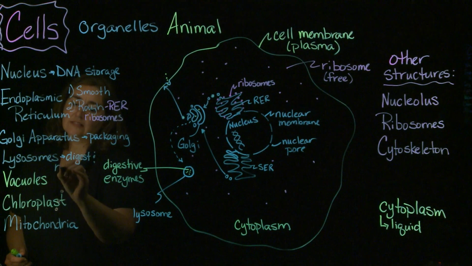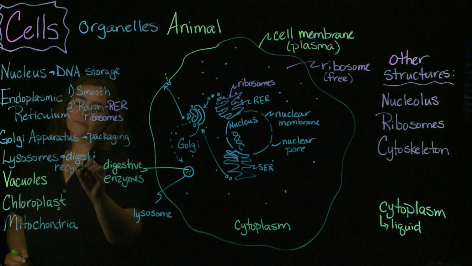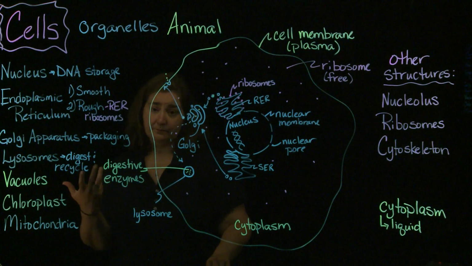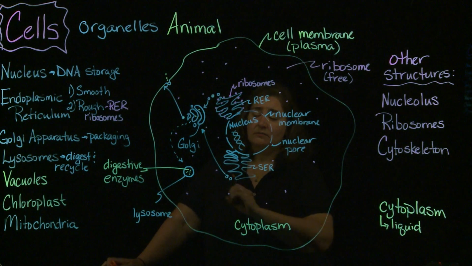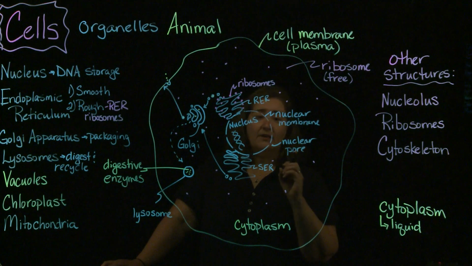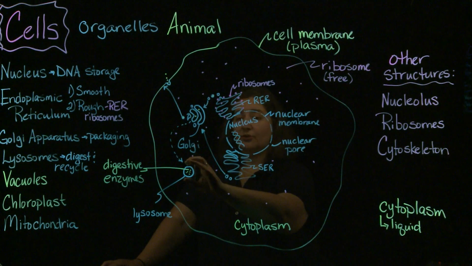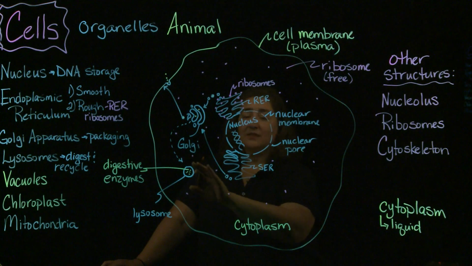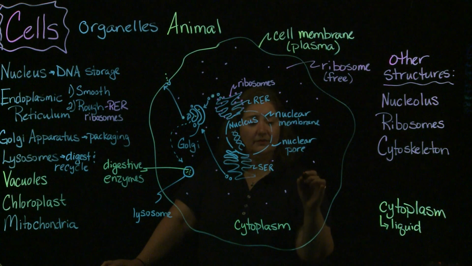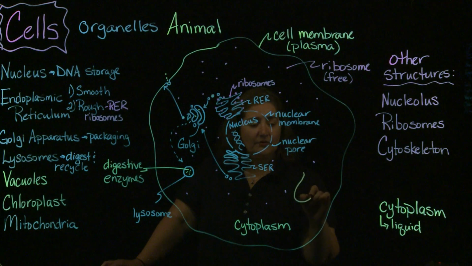Digest and really recycle the components that are within those various vesicles, all right? And a vesicle really is just another term for describing something small that's surrounded by a cell membrane, okay?